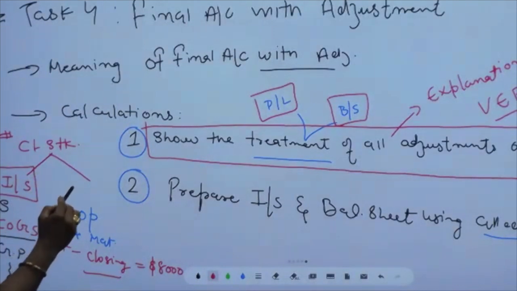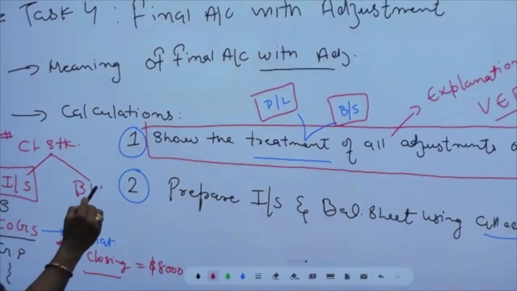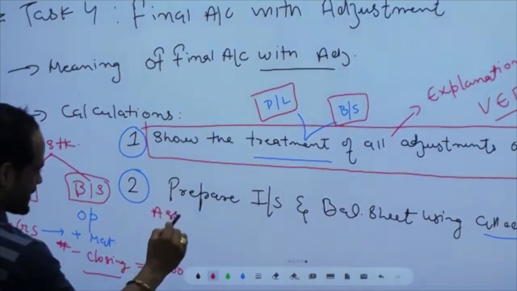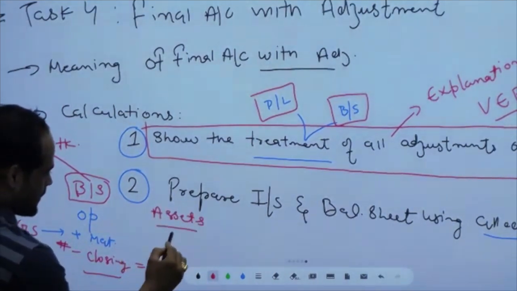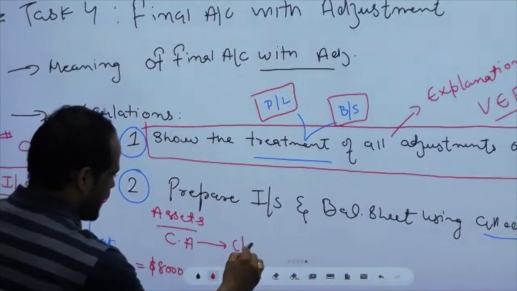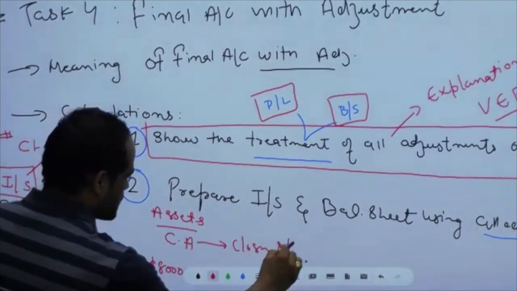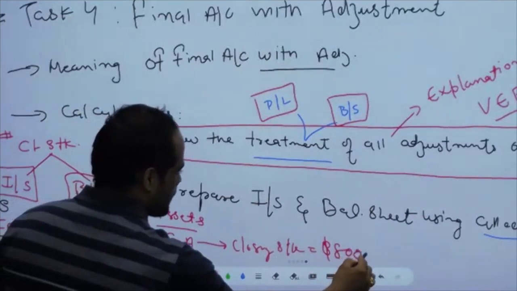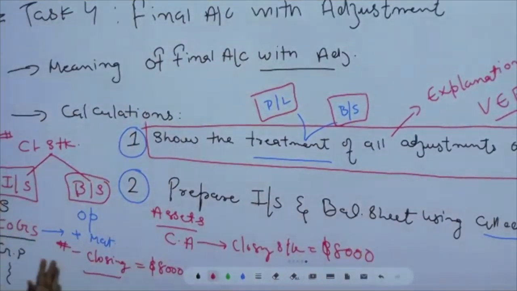Same thing here in balance sheet. In balance sheet, we have assets. In assets, we have current assets. In current assets, we have closing stock, which is 1,000. So go very specific.